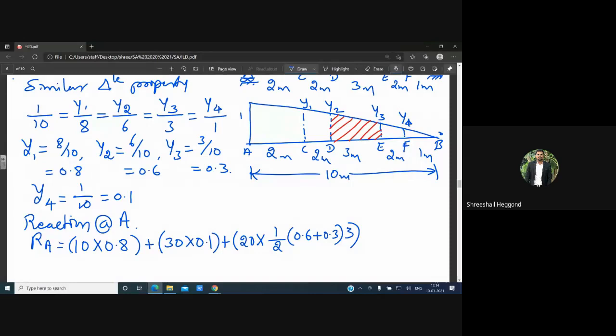Therefore, the reaction at A can be calculated as 38. The reaction at A point is calculated as 38 kilonewton.